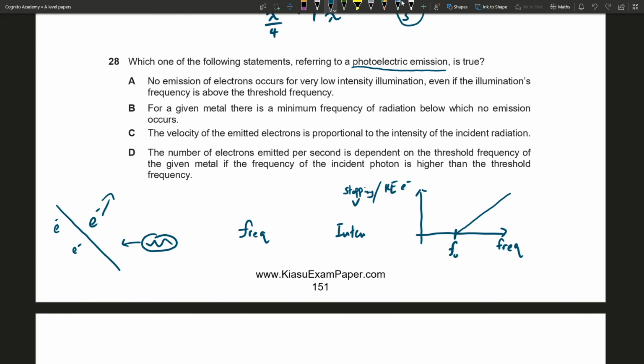The second thing he discovered, testing the intensity, was that if you took a frequency below the threshold frequency, no matter how intense the light you shone at the piece of metal was, there wouldn't be any electrons being ejected. But above this threshold frequency, let me just cross this out, this graph doesn't represent the frequency, this graph represents the intensity.